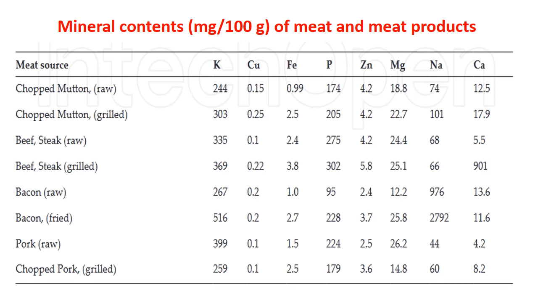Phosphorus is in general in the range of 150 to 200, relatively higher in cooked beef and bacon. Zinc is at a low level, but it is required at a very low level; it is a trace element, quite high in mutton and beef.